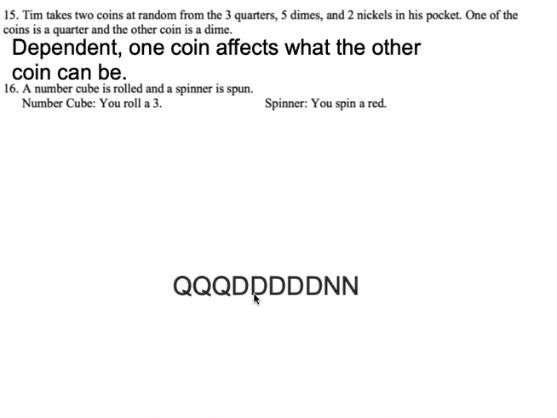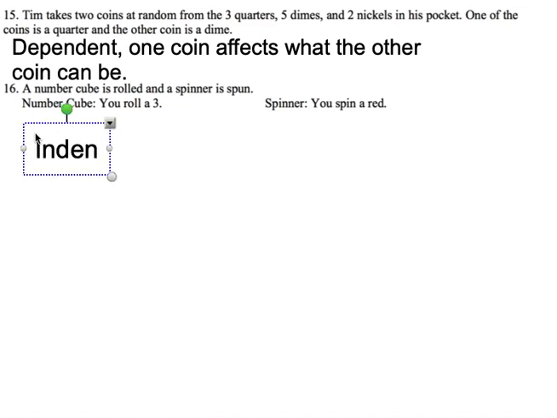Number 16. A number cube is rolled and a spinner is spun. The number cube, first you roll a 3 and then on the spinner you spin red. Okay, the number cube and the spinner. I don't see any way that what you get on the number cube is going to affect the spinner. They're 2 completely different objects. So I'm going with independent on this.